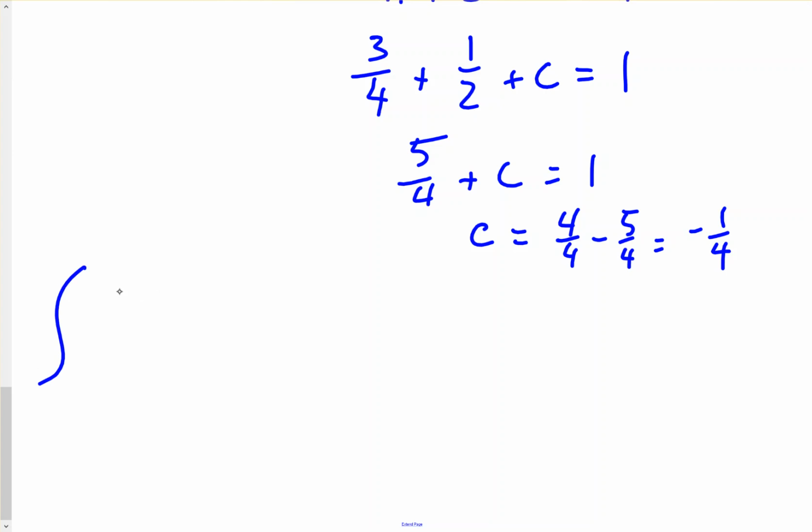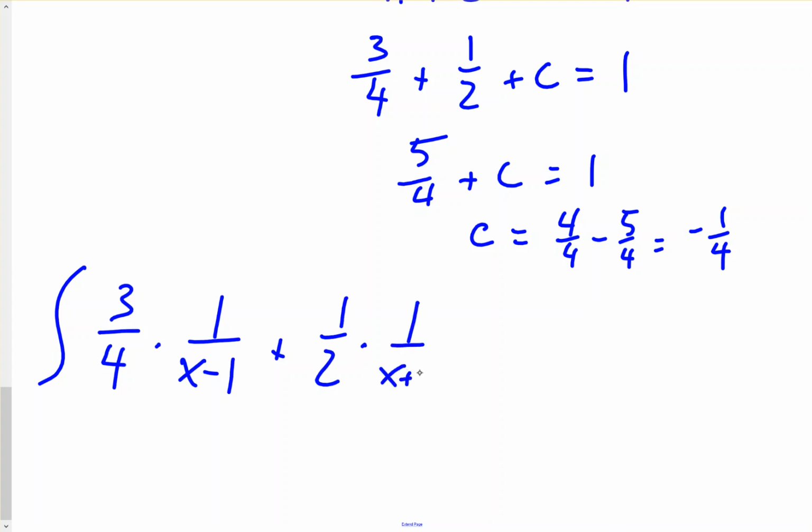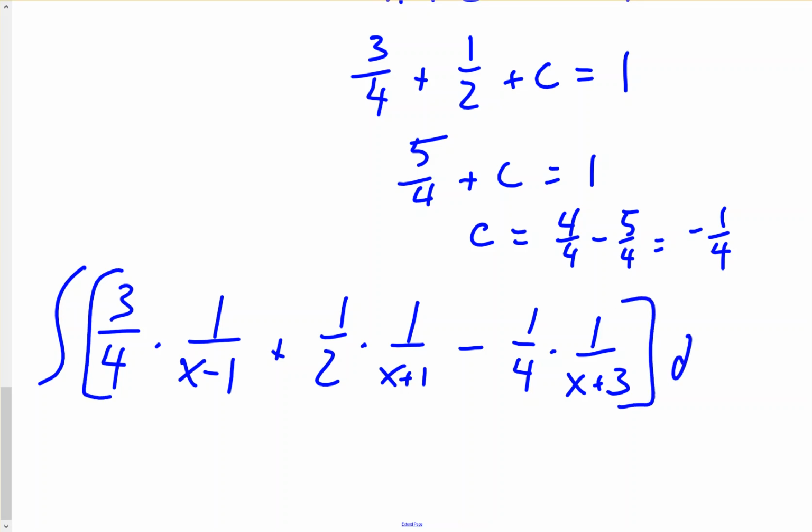We could write it like this, make it a little better: 3/4 times 1 over x minus 1 plus 1/2 times 1 over x plus 1. And then c was a negative, so we're going to do minus 1/4 times 1 over x plus 3. And we're going to integrate this with respect to x.